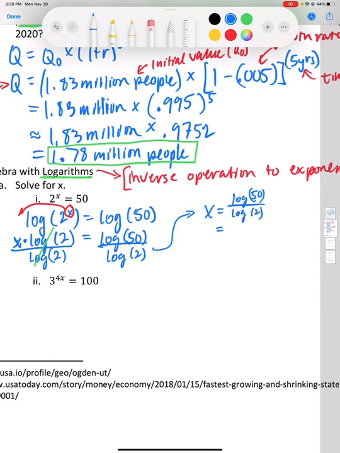Log base 10 of 50 has a decimal approximation, approximately 1.69897. Divide that by log 2, which is 0.30103. So that means that x is equal to 5.64.